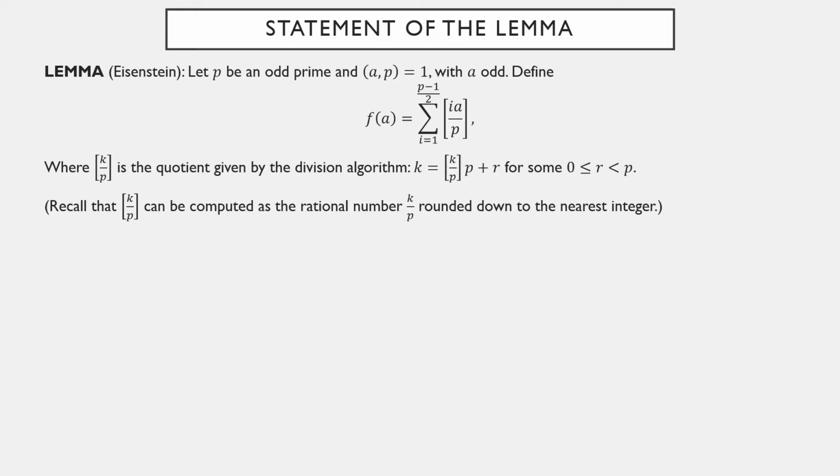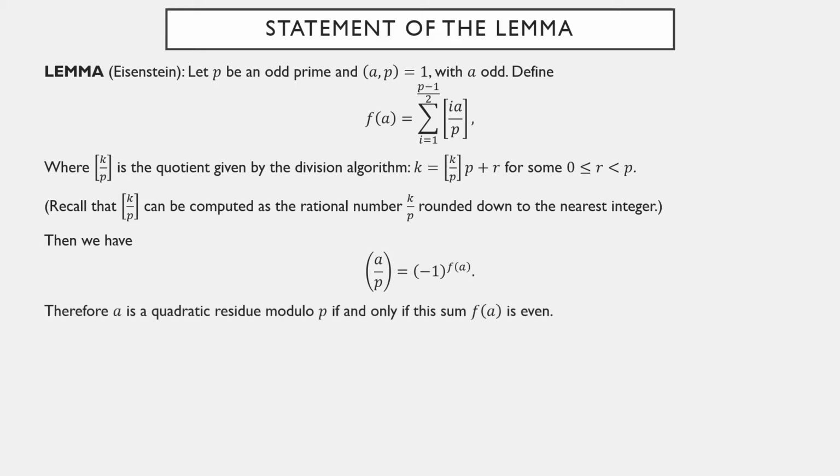That's going to be how you can compute these quotients. Then, once we've done all of this, the Legendre symbol A over P is -1 to the f of A, where f of A is this sum as I goes from 1 to (P minus 1) over 2 of these various quotients. So A is a quadratic residue modulo P if and only if this sum is even.